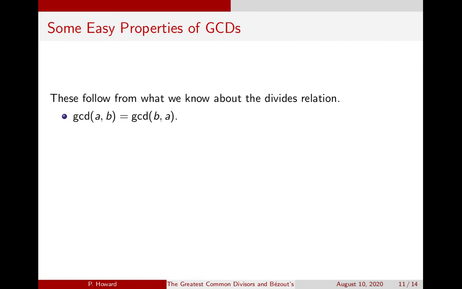The greatest common divisor of A and B is the same as the greatest common divisor of B and A. This series of equations simply says that when you're calculating greatest common divisors, pluses or minuses don't matter. If you're calculating the greatest common divisor of two numbers and both are negative, it's good enough to calculate the greatest common divisor of their absolute values.